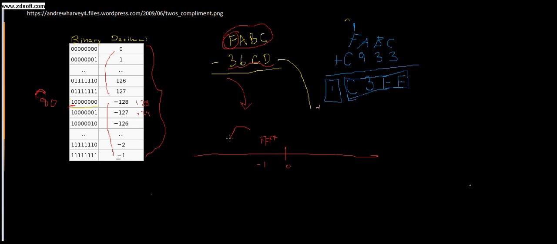Well, FABC lies somewhere around here. So maybe it's like negative, not too negative. I don't know what the number is. We're going to find out, I'm sure. So that's a slightly negative number plus a substantially large positive. Oh no, when we think about this as signed as well.